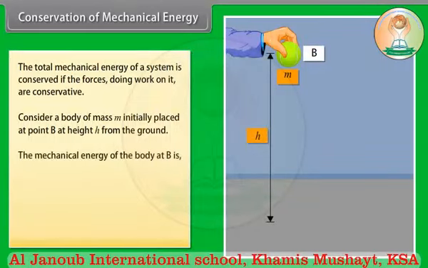The mechanical energy of the body at B is equal to the kinetic energy of the body at B plus the potential energy of the body at B, which is equal to 0 plus mgh, which is equal to mgh.